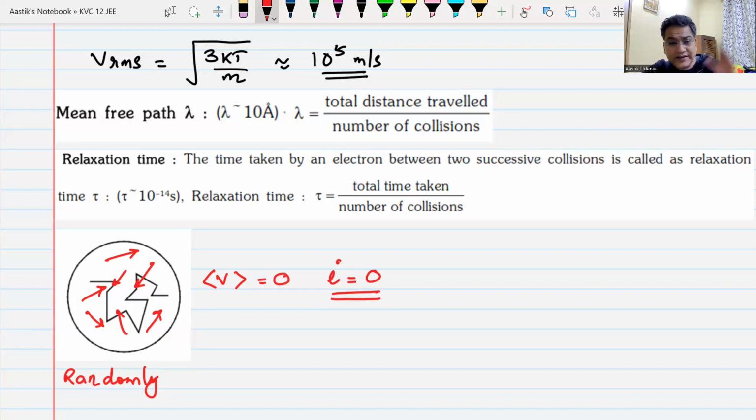So when there is no battery connected, no voltage applied, the electrons, though they are moving very fast, the net flow of charge is 0, and therefore there is no current flowing in the conductor. Do we understand this? Yes or no?